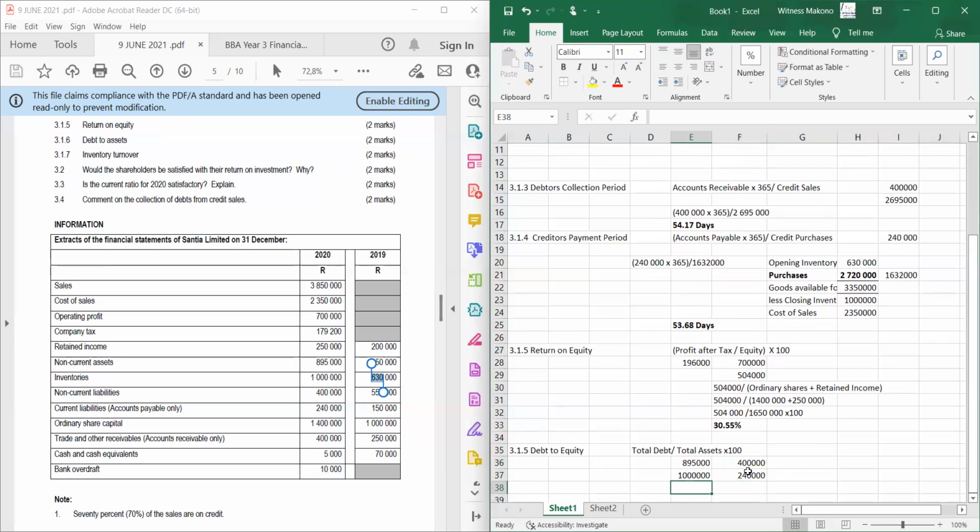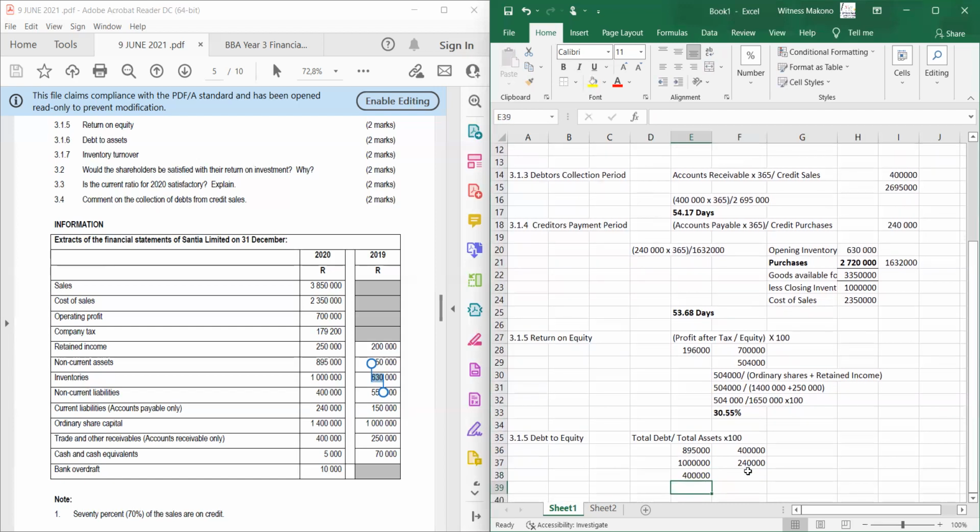Then I think we still have got current liabilities. We have got accounts receivable, which is 400,000, is an asset. Then we have got cash and cash equivalents, is an asset, which is 5,000. Then we have bank overdraft, which is 10,000, the current liability.